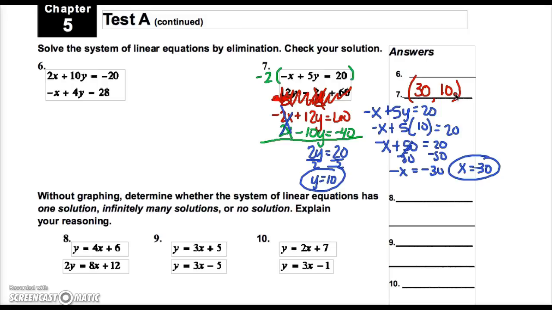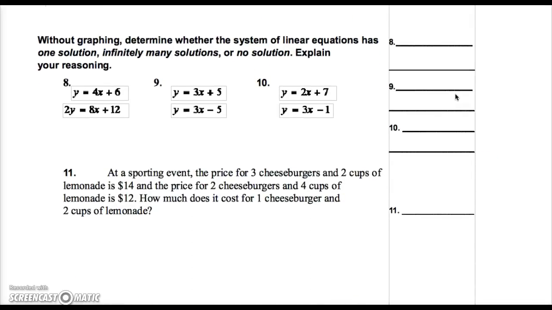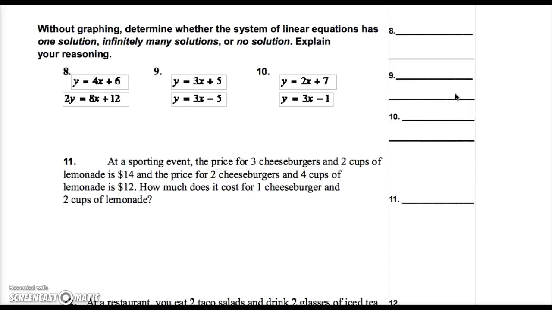Okay, jumping down to 8, 9, and 10. It says, without graphing, determine whether the system of linear equations has one solution, infinitely many solutions, or no solution, and explain your reasoning. Before we even do this, I want to make a few notes.